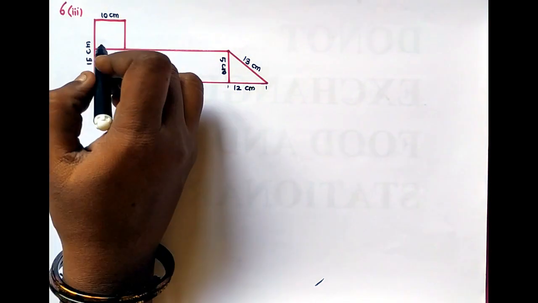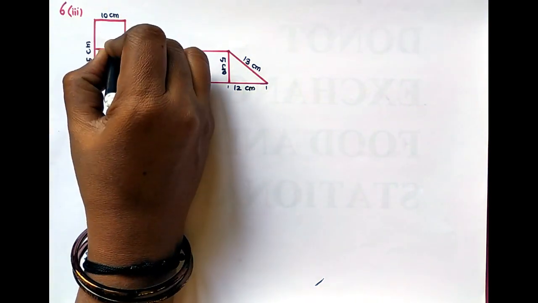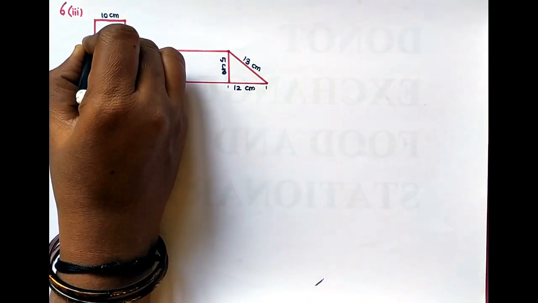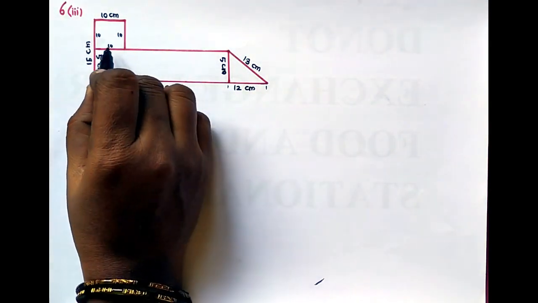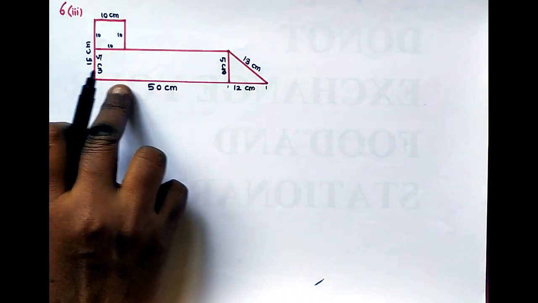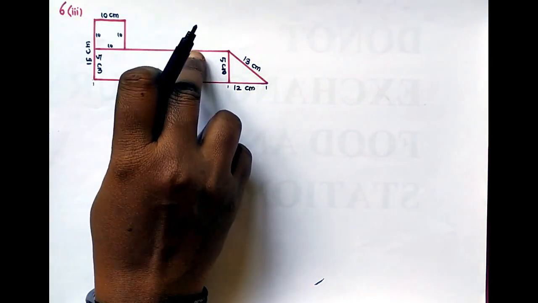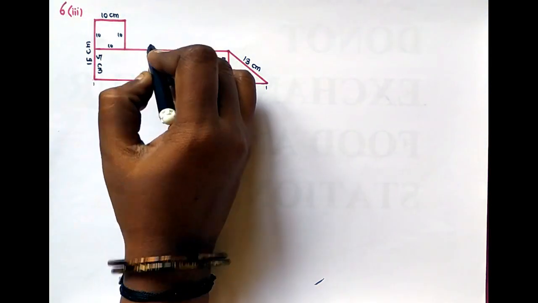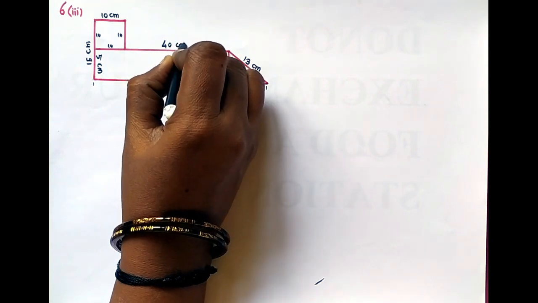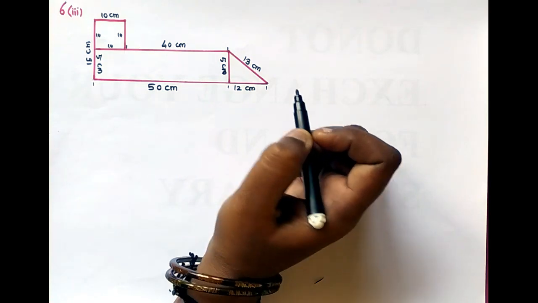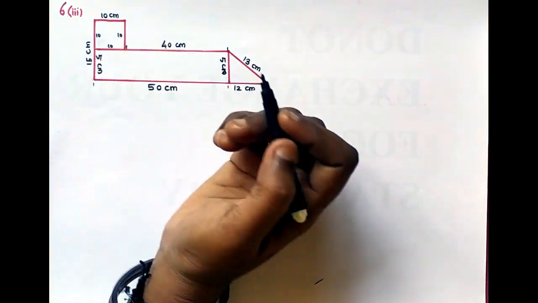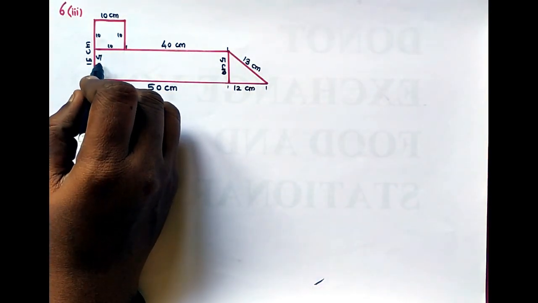And listen, here it is a square, so all 4 sides are equal, so 10, 10, and here 10 means totally 50, so minus 10, that is 40 centimeter. This one 40 centimeter. Now this one 5 centimeter.